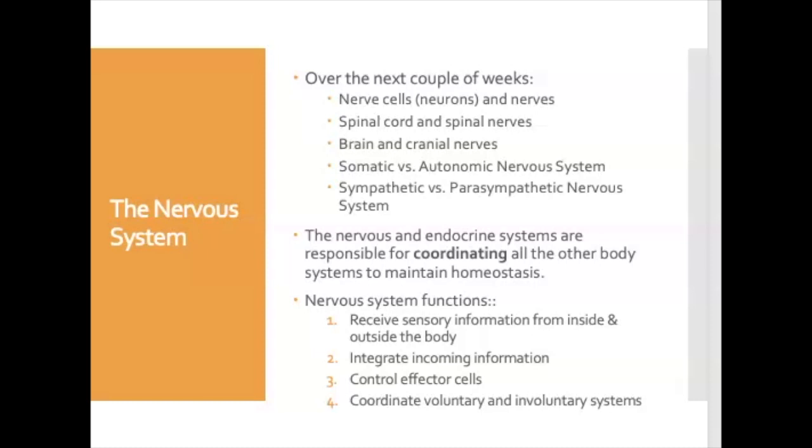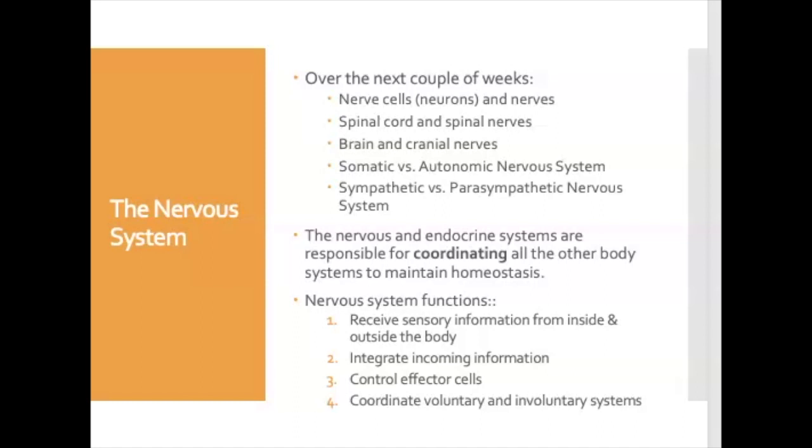It's important to note that the nervous system, in conjunction with the endocrine system, the hormonal system of the body, those two systems together are responsible for coordinating all of the other body systems in order to maintain homeostasis. The nervous system has a lot of functions to perform every day. It has to receive sensory information from both inside and outside the body.